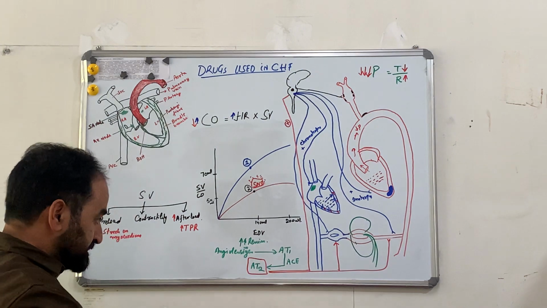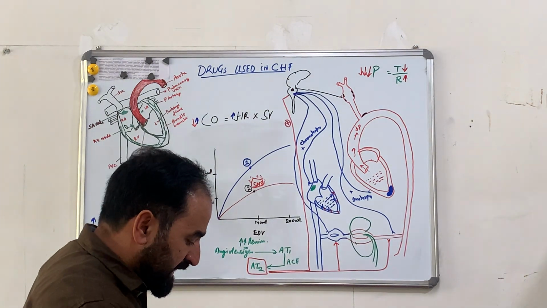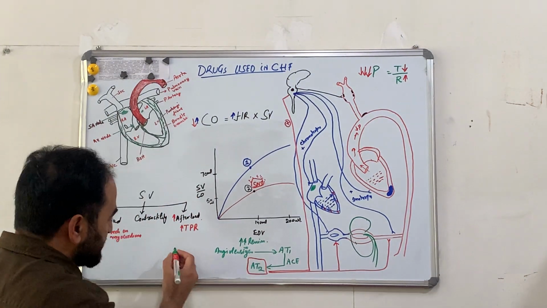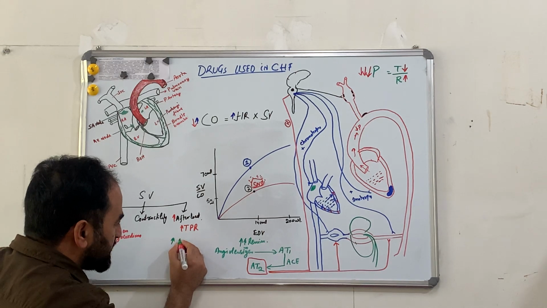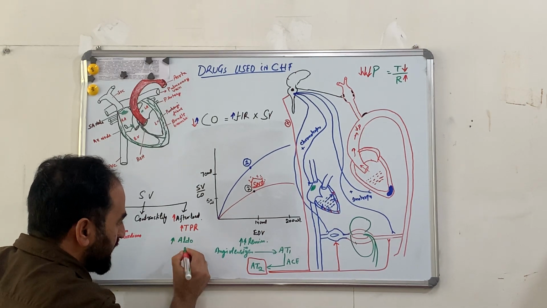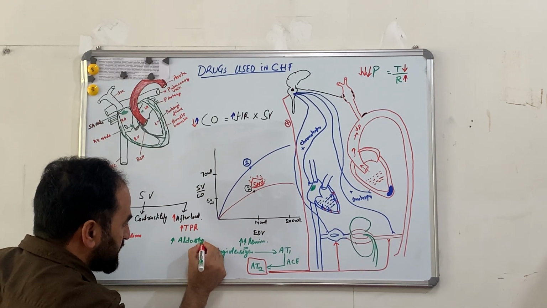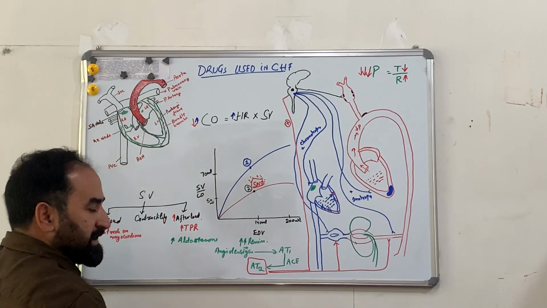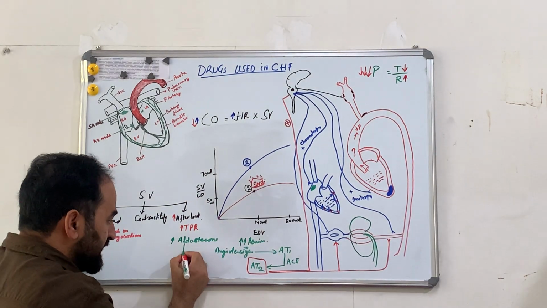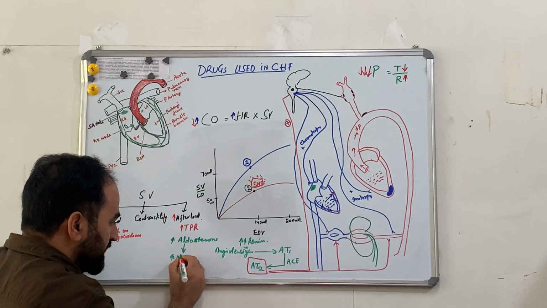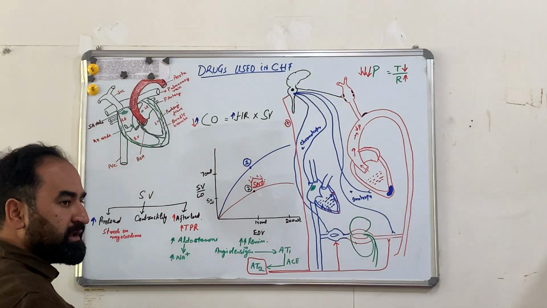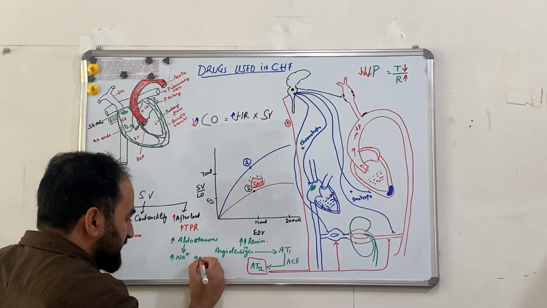Not only this, there is also an increase in aldosterone from the adrenal gland. You know what happens when aldosterone increases? There is retention of sodium, and when there is retention of sodium, there is always retention of water.